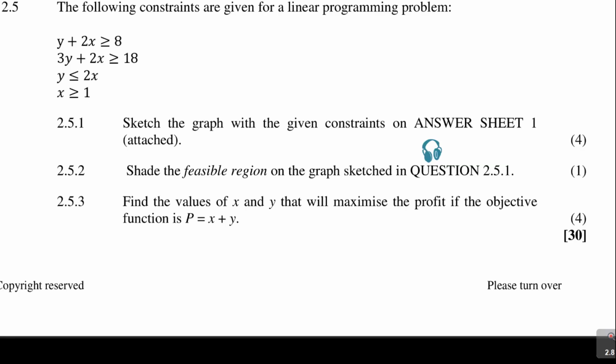So what is the first one? I want to use y plus 2x is greater than or equal to 8. So let me write it here: y plus 2x is greater than or equal to 8.